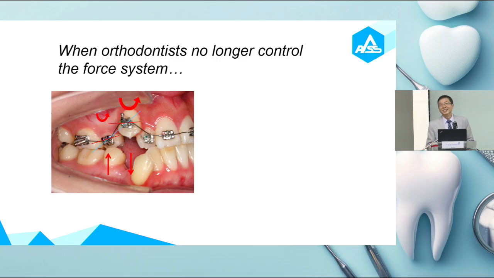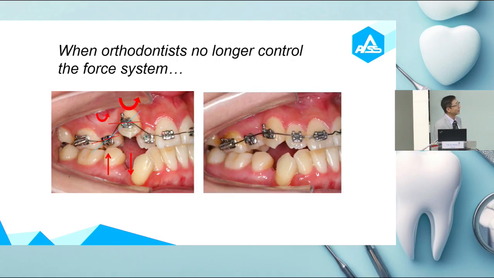But whether we want it or not, after 1 month the canine extruded and the premolar intruded. Then what will we do? We pull it back, right? That we call a round-trip movement of teeth.